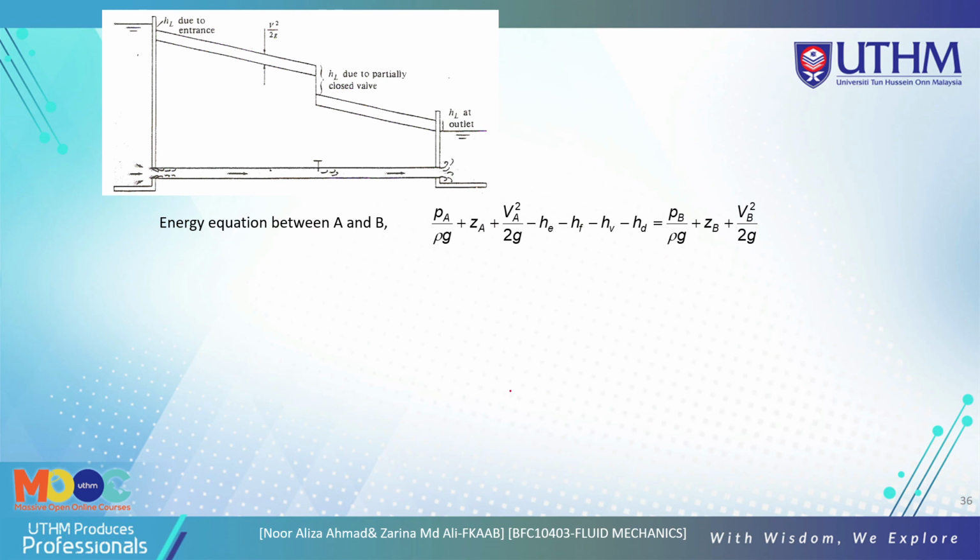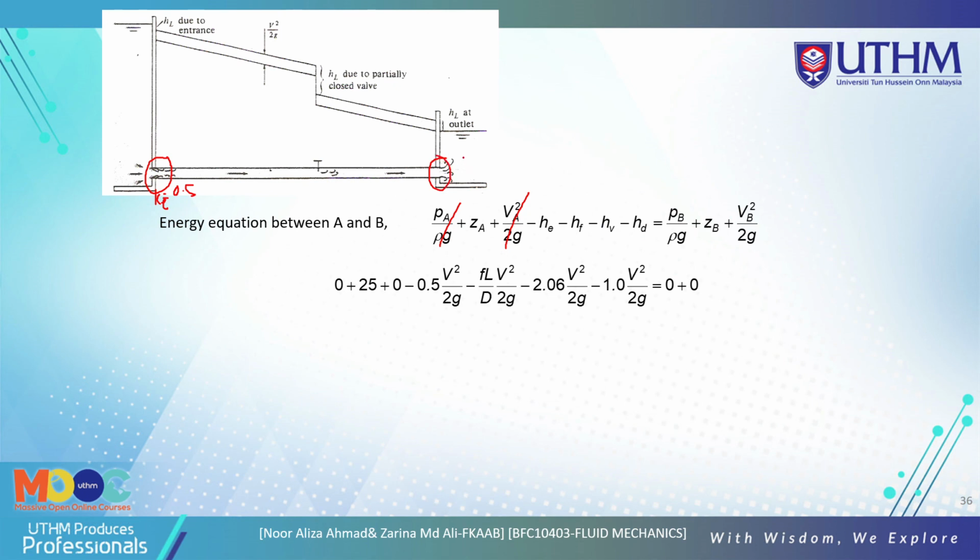Now we look at the values here. The equation for P_A here is 0. We know that this is 0. This is also 0. So they have Z_A, 25. And H_E is at the entrance here, K_E is 0.5. And H_V is the valve here, 2.06 for the valve, and H_D is the discharge here, K_D is 1.